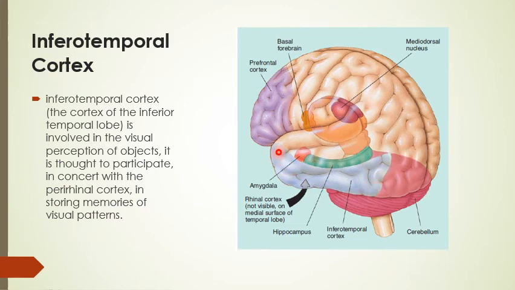inferotemporal cortex. Diba? As you have noticed or you have learned before, the temporal lobe is most likely associated with auditory information, right? Kaya naman diha ang auditory cortex and the auditory association area. But for the inferotemporal cortex, pwede po siya mo store of visual patterns, and visual information is most likely associated in the occipital lobe.